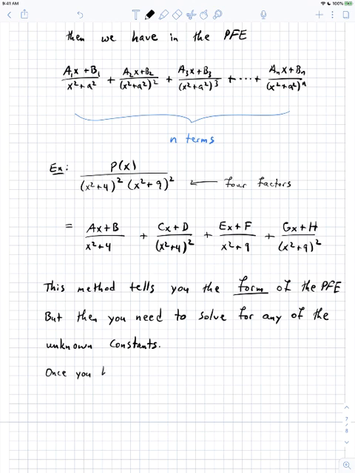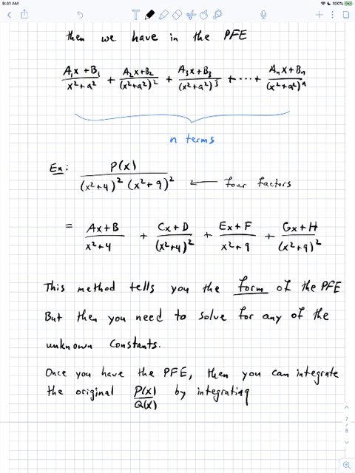Once you have the partial fractions expansion, then you can integrate the original P(x) over Q(x) by integrating the terms in the partial fractions expansion. But before you can do that, you need to solve for the unknown constants. And that's what we're going to do in our next video.